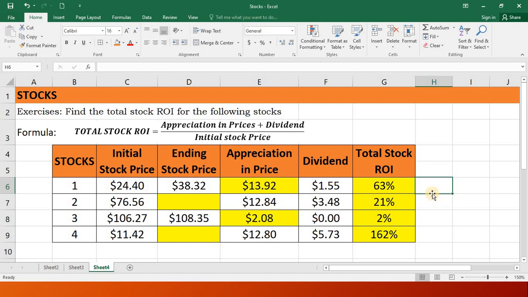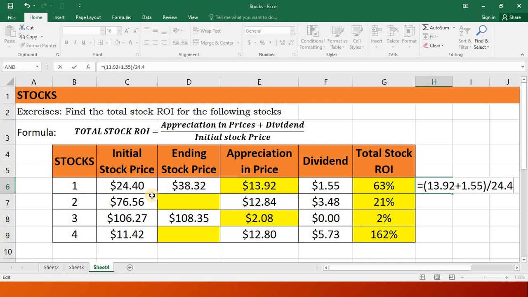So we can also do this in another form. Instead of using the cell formula, we could also do this in numbers. So this is equal to open parenthesis, appreciation in prices is 13.92 plus dividend is 1.55, close parenthesis, divided by the denominator, initial stock price, which is 24.4.